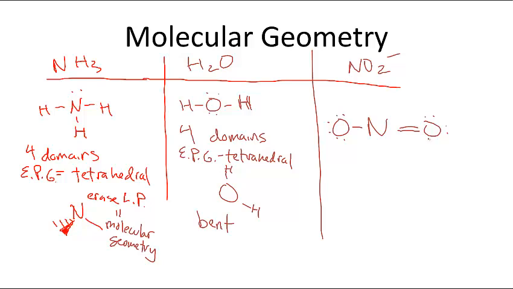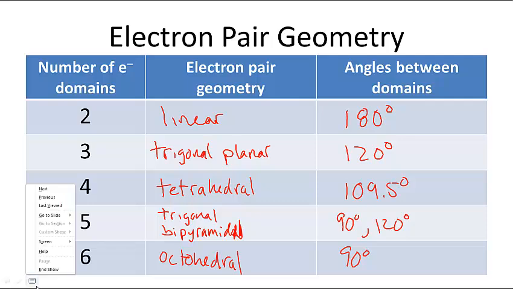NO is a radical. NO2 minus is not so radical.